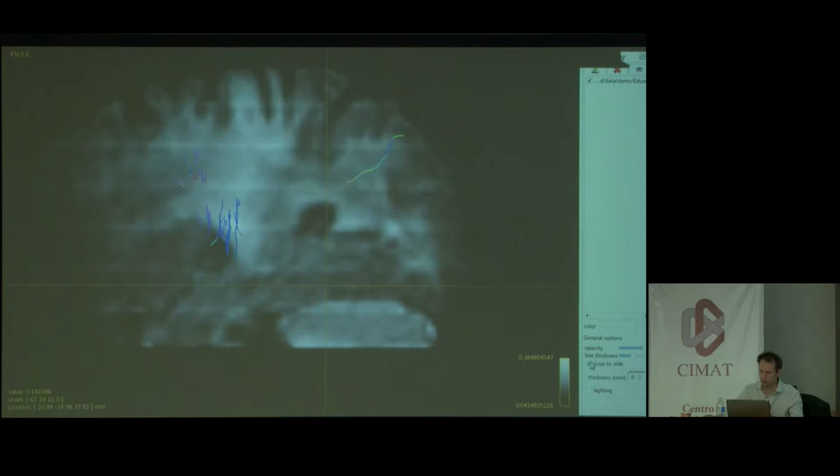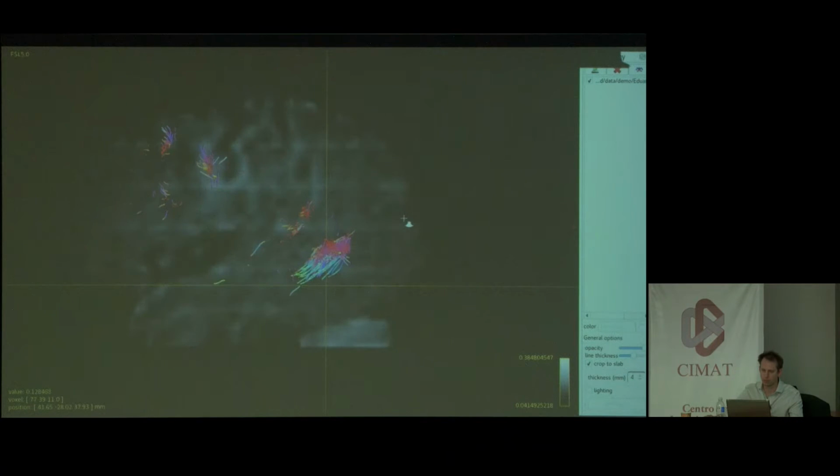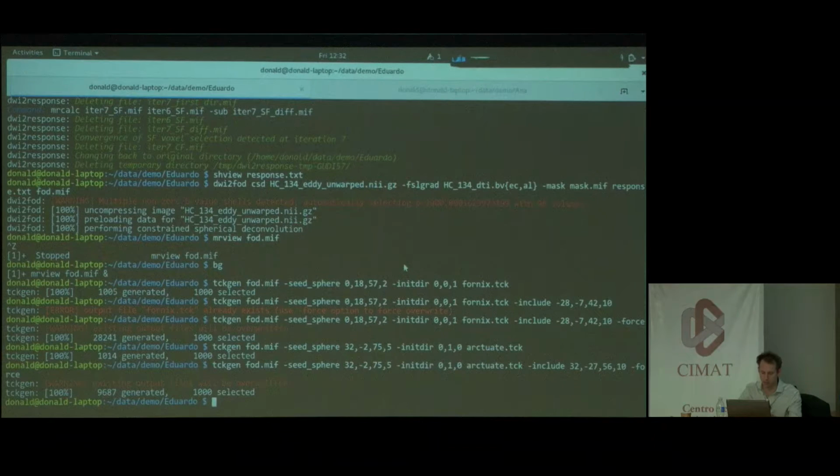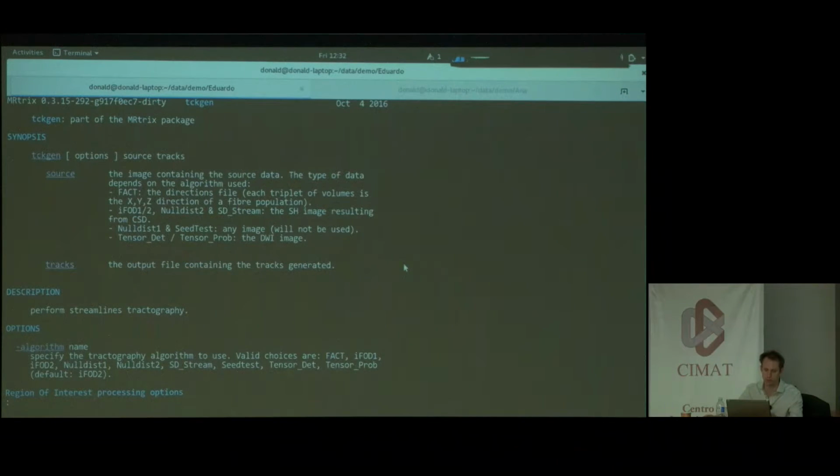All right. So the question about the different algorithms. So TrackGen does include quite a few. Algorithm here, you can specify which one. You've got fact, ifod1, ifod2, null-dist 1, 2, SD stream, and all sorts of other weird stuff.